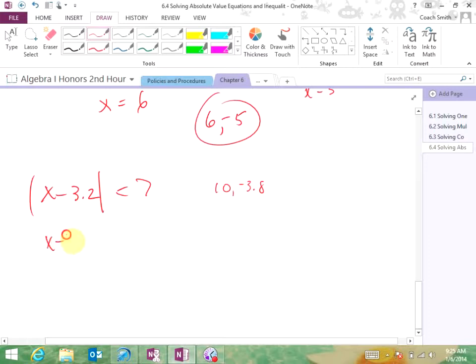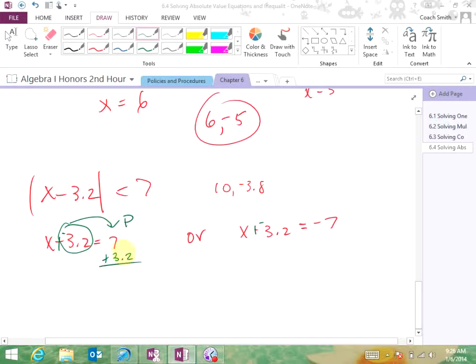So that gives me x minus 3.2 equals 7, or x minus 3.2 equals negative 7. Once again, this is plus a negative. So I take this over here, becomes a positive 3.2. Then we're going to line them up. That gives me 10.2. Same thing here. It is a negative, so here it becomes a positive.